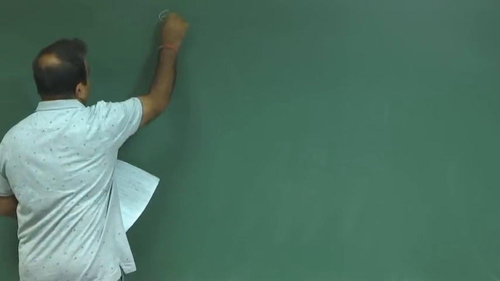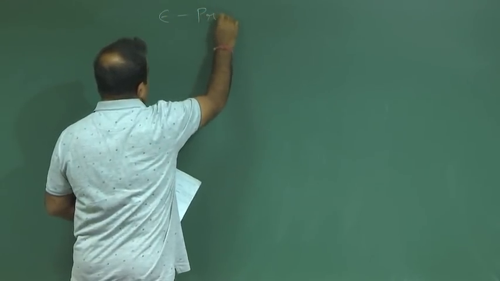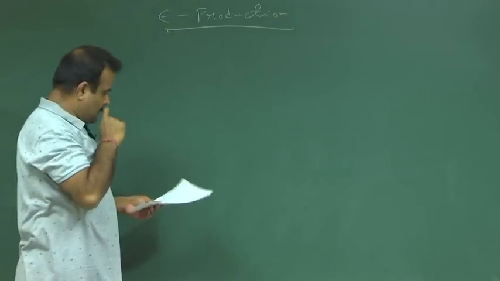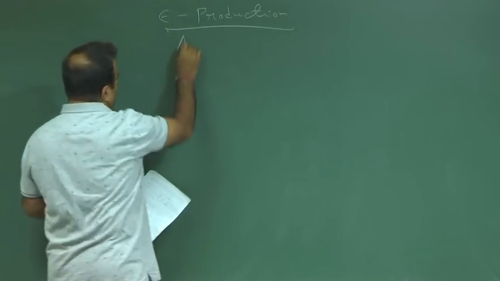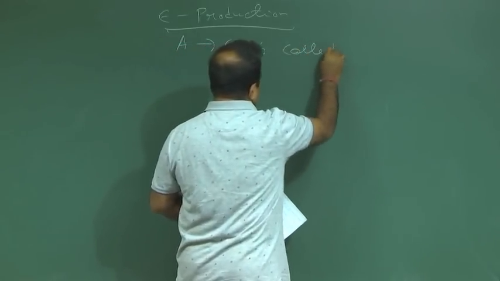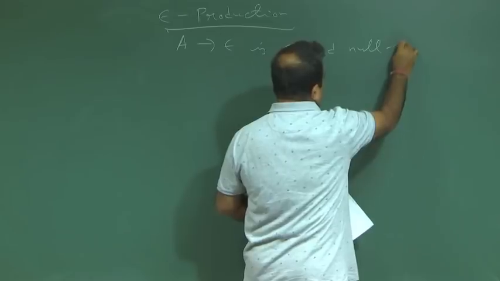Okay. So, let us define what is the null production or epsilon production. A production of this form is called a null production.